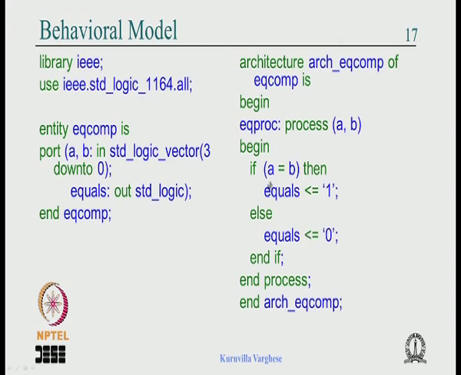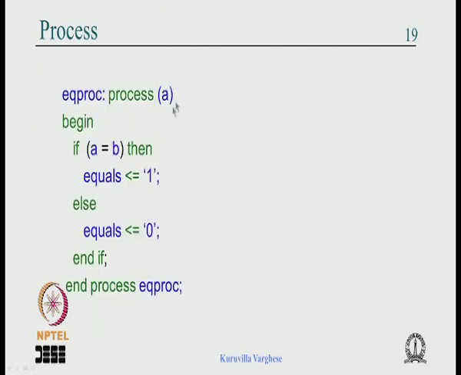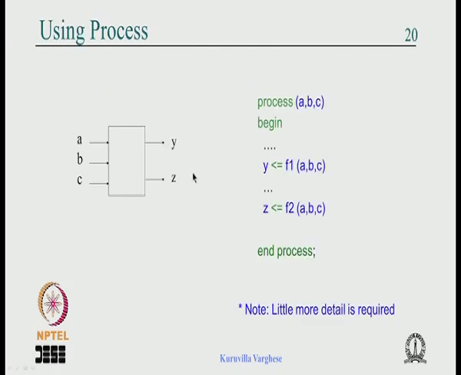For the synthesis tool it doesn't matter, it looks at the description, and if something is missing in the sensitivity list, the simulator shows one behavior and the synthesis tool shows another. You are expected to write in the sensitivity list all the input signals which appear in the expressions on the right hand side of the assignment, and we have seen how to use processes.